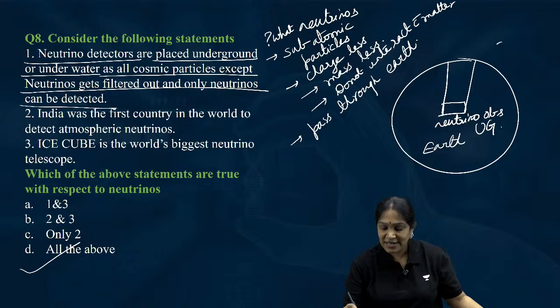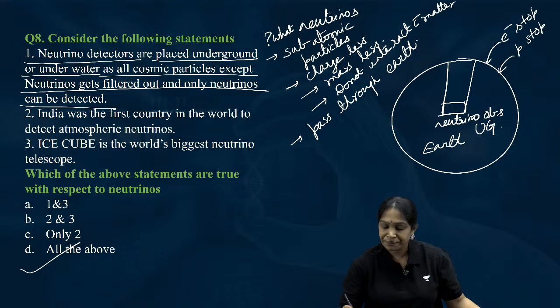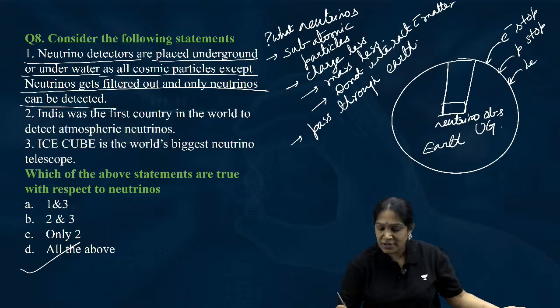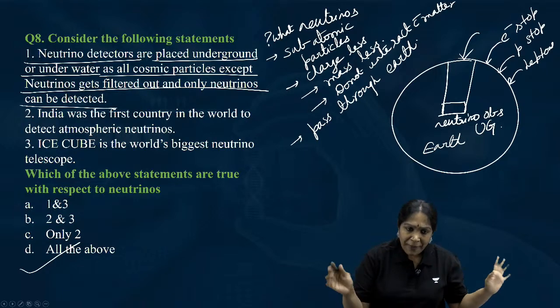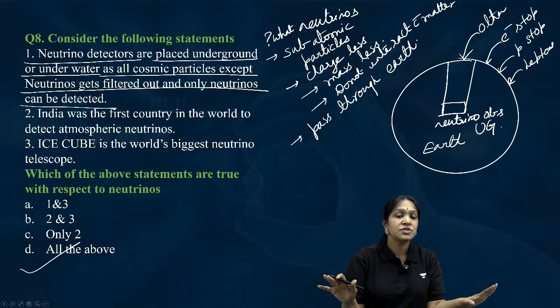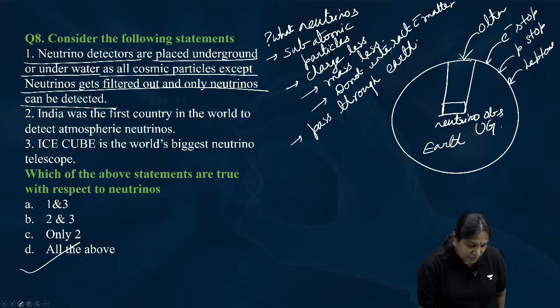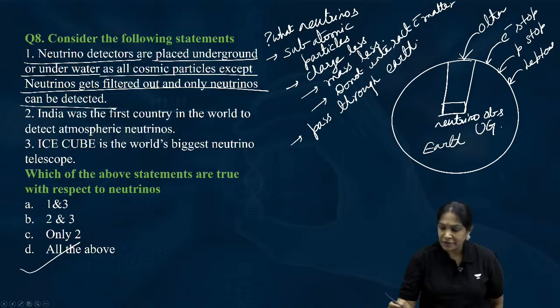Neutrino observatory under the ground. Why? Because let us suppose electrons are coming, they stop. Protons are coming, they stop. Okay, some other leptons are coming, they stop. Any other particles coming, they all will stop here. But only, okay, let us show the VIP in a different color.